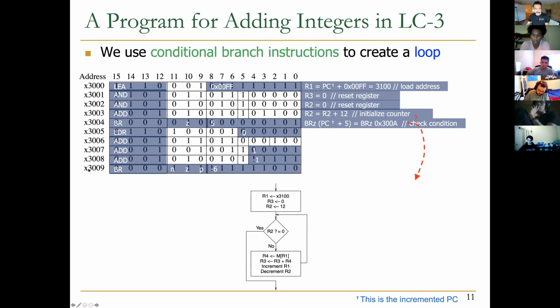So it would be X30 OA. Basically it is the next memory address sitting below this branching, and this is what it refers to. Again, here you see 5. Why 5?